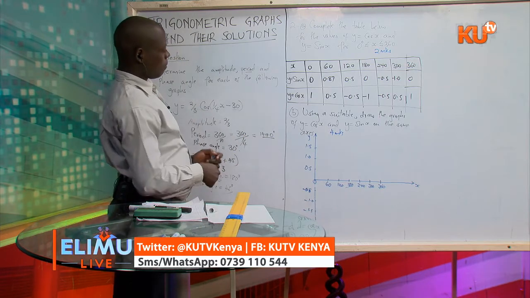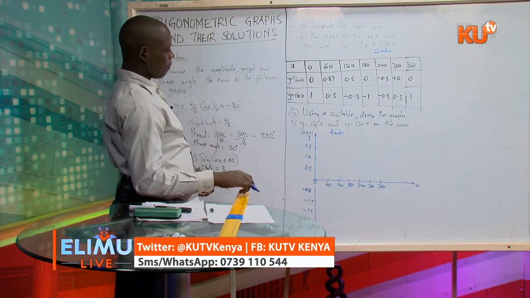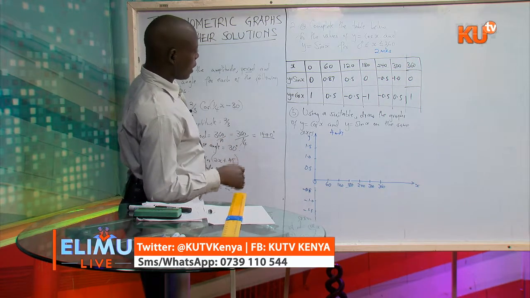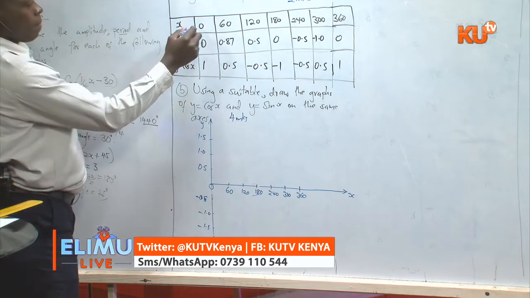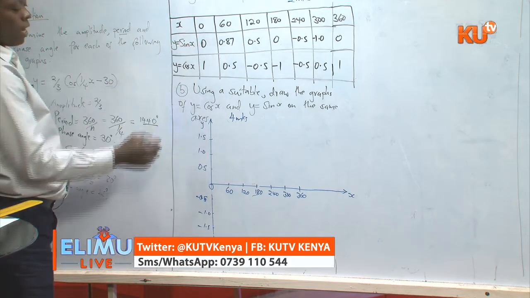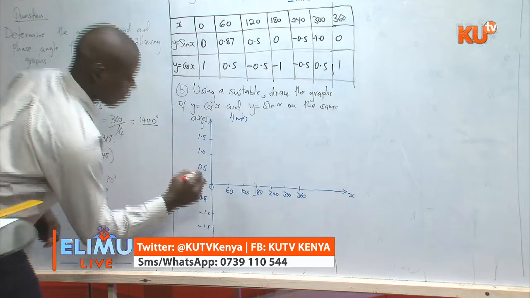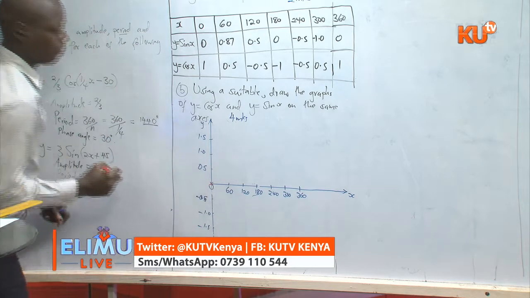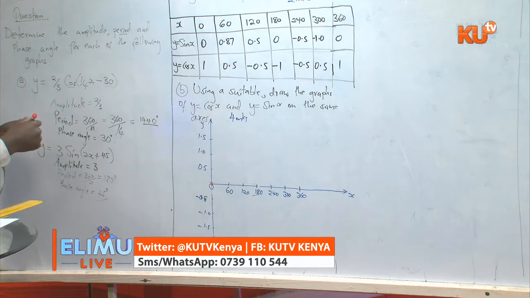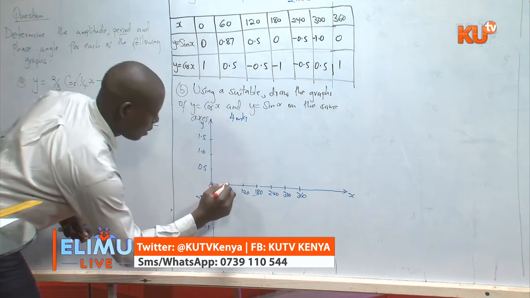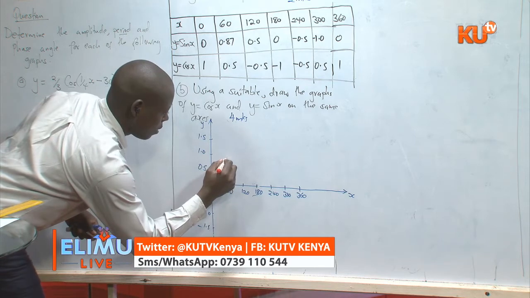For the values, we draw the first graph, y is equals to sine x. When x is 0, y is 0. So we mark that point, 0, 0. Then 60, 0.87, that is about 0.9, somewhere here.